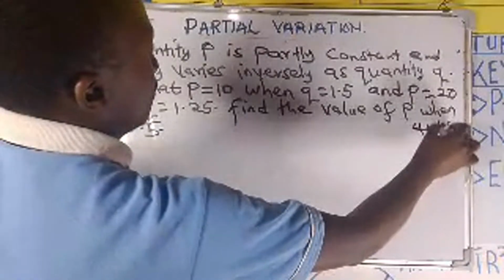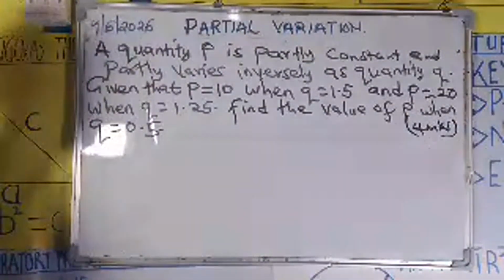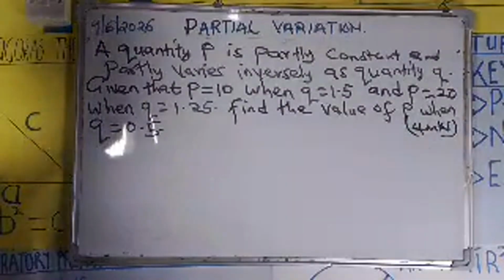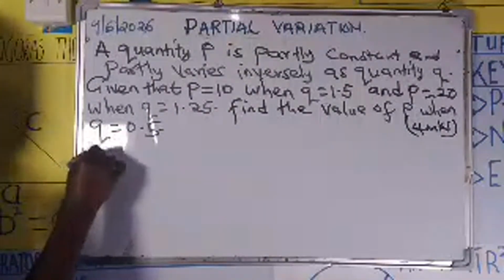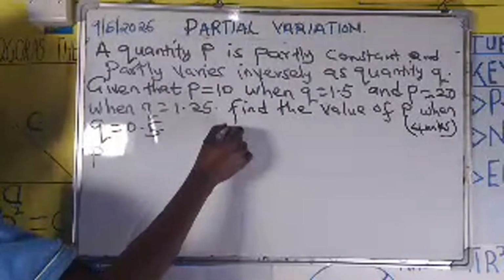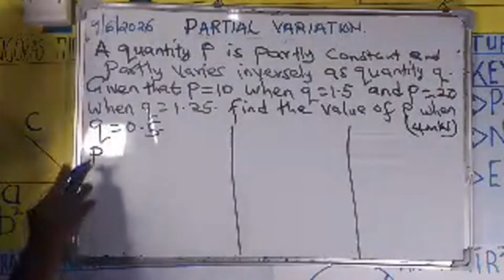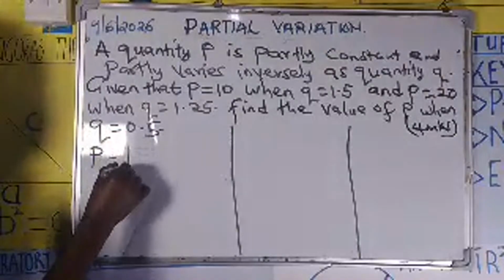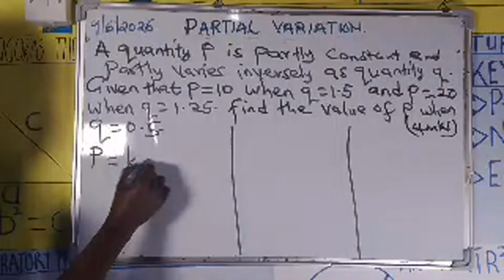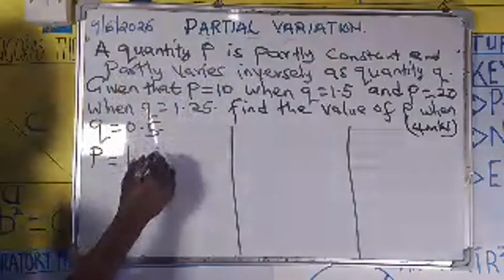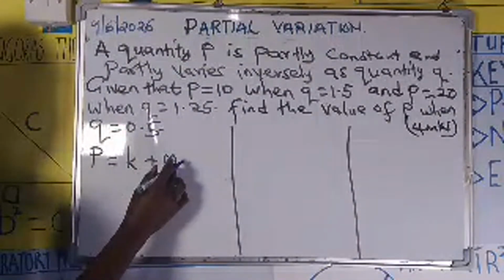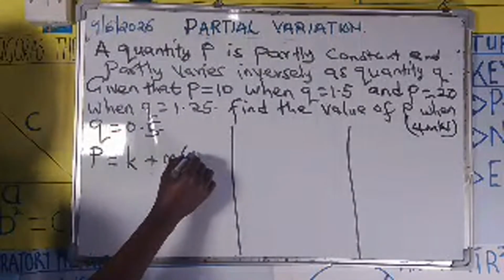Format. So in this question, a quantity P is partly constant and partly varies inversely.